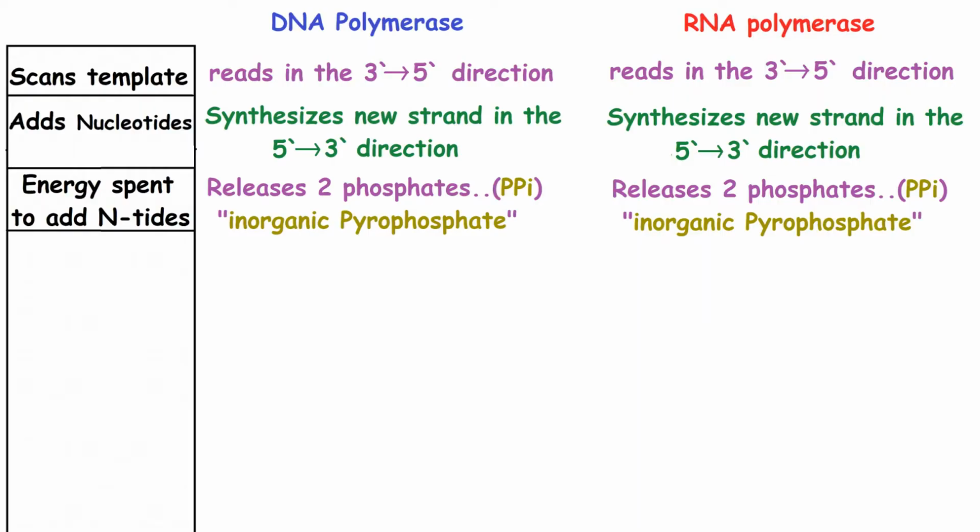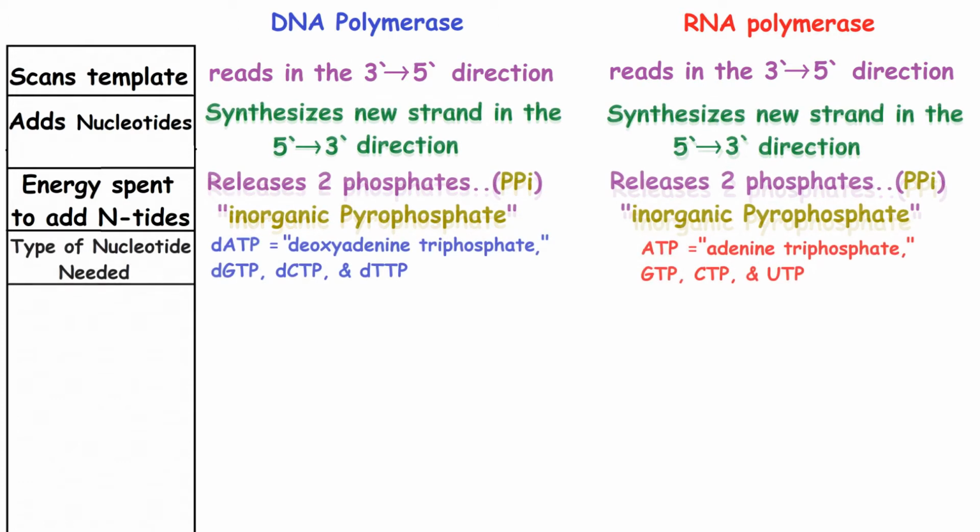Now, the nucleotides that DNA polymerase needs are a little different than nucleotides that RNA polymerase needs. So the substrates, as they're called, for DNA polymerase are going to obviously be for DNA, so they're deoxyribonucleic acid synthesizers.